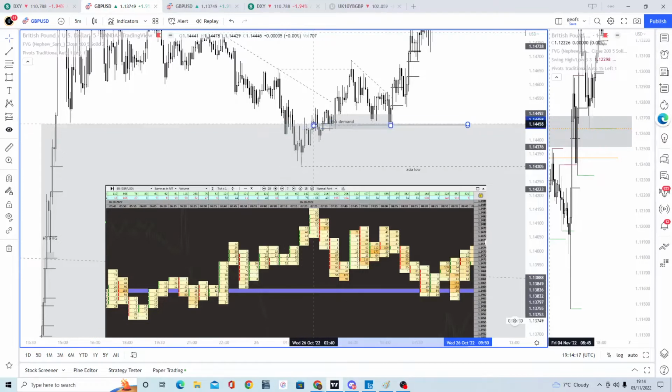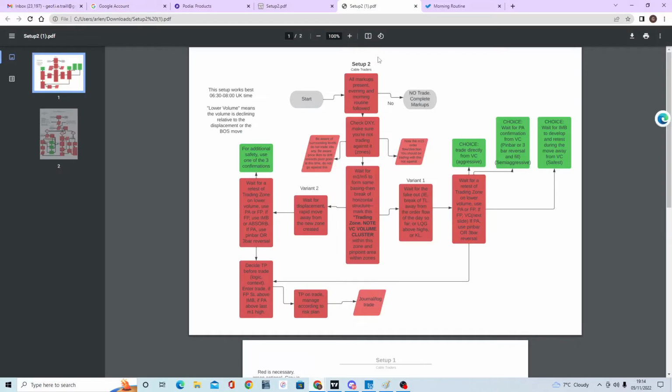So there you have a lot of volume being placed. So that becomes our trading level for setup 2. So wait for M1, M5 to form basing, and then break of horizontal structure. Mark this as a trading zone.